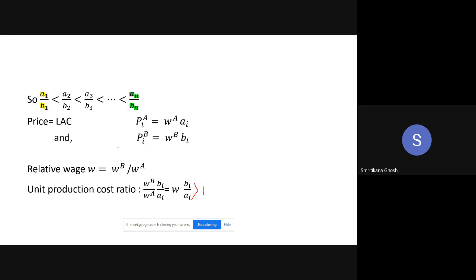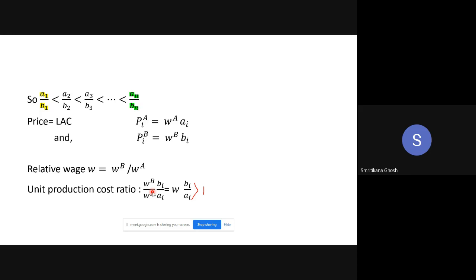Now WB into B1 is nothing but the LAC of country B, and WA into A1 is again nothing but the LAC of country A. So as the LAC of country B is greater than that of country A, the price of commodity 1 in country B is greater than the price of commodity 1 in country A. So commodity 1 is cheaper in country A as compared to country B.